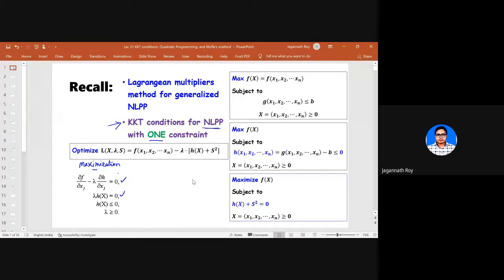When it is maximization, h(x) is less than or equal to 0, and the multipliers, these are the Lagrange multipliers, are greater than or equal to 0.